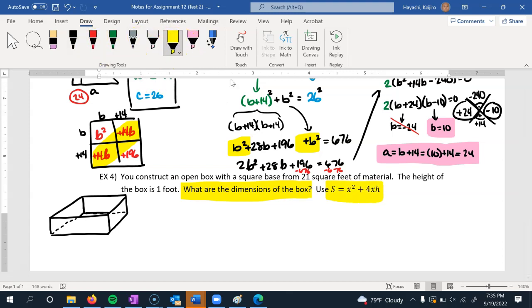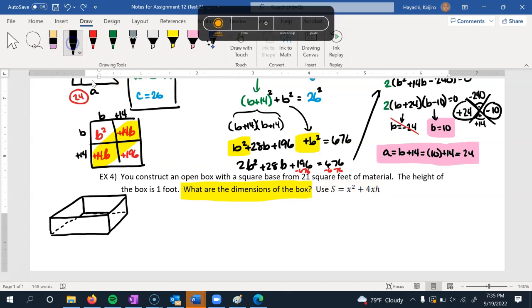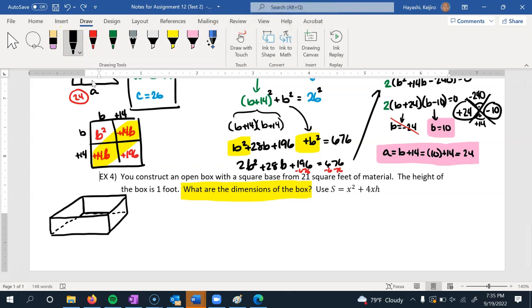If I look at this formula, it gives you how to calculate the surface area of the box. The x squared is there because it has a square base.